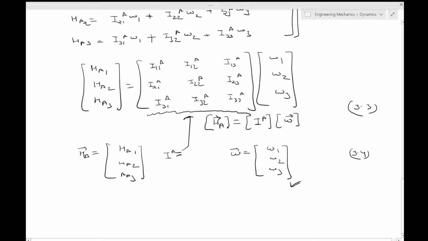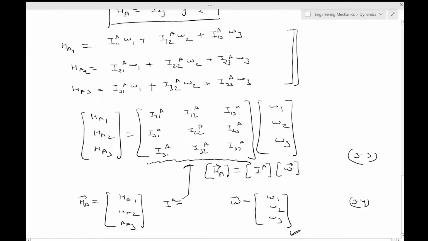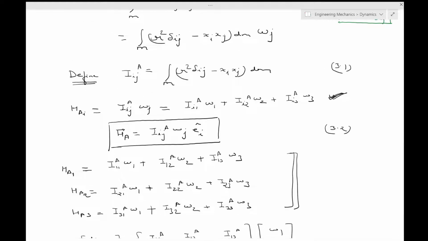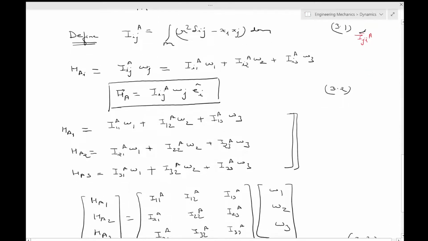Now we had defined I_ij of A as equation 3.1. Now try writing I_ji of A. What would that be? Let me do that separately.